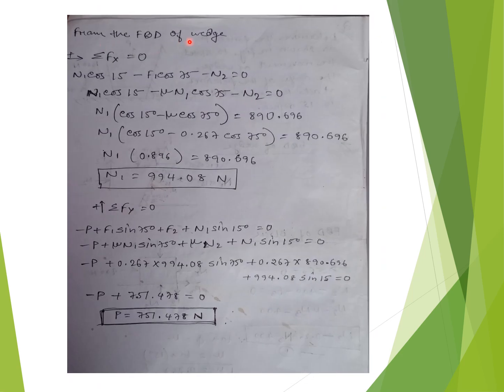Now, from the free body diagram of the wedge, which was drawn on the last slide, we calculate the horizontal components as N1 cos 15 degree minus F1 cos 75 degree minus N2 equal to 0. From here, we calculated N1 as 994.08 Newton. And taking the vertical components, we calculated the value of P, which is 751.478 Newton.